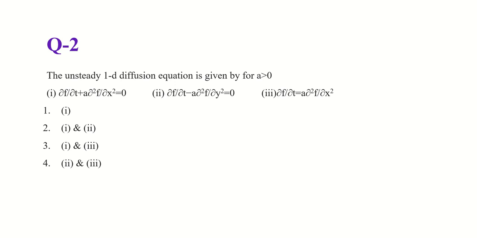Second one is dou f by dou t minus a into dou square f by dou y square. Third one is dou f by dou t is equal to a into dou square f by dou x square. Just find out which one of the options are right. The option combinations are: 1 is only 1, in 2 it is 1 and 2, in 3 it is 1 and 3, in 4 it is 2 and 3. Just work it out and let me know the answers.